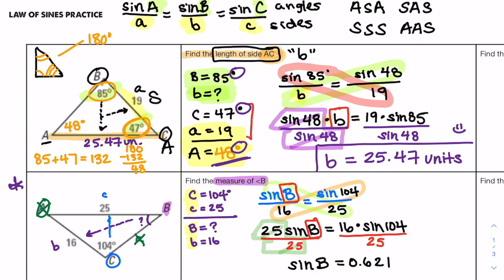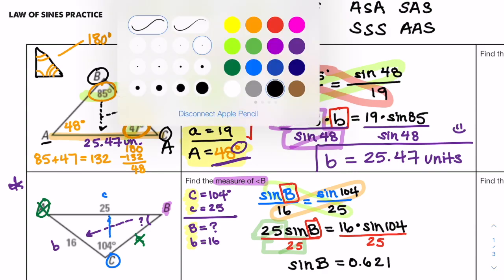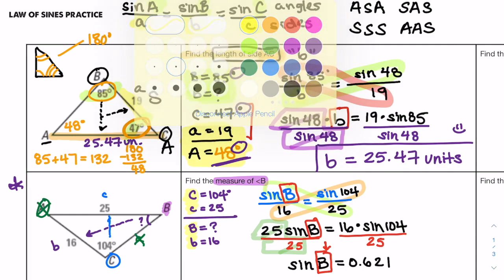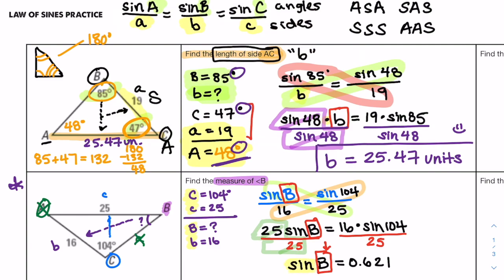Okay, now this takes us back to the very beginning of our trig unit where I introduced you to ways to solve for angles. So again, we said that capital letters are angles, so that's exactly what we want to know here. And the sine is currently in the way. So this is blocking my value of my angle. So how would I get rid of just sine by itself?